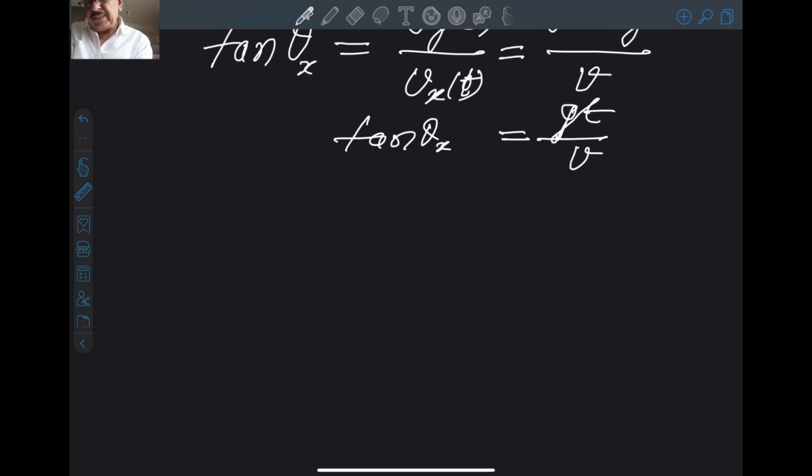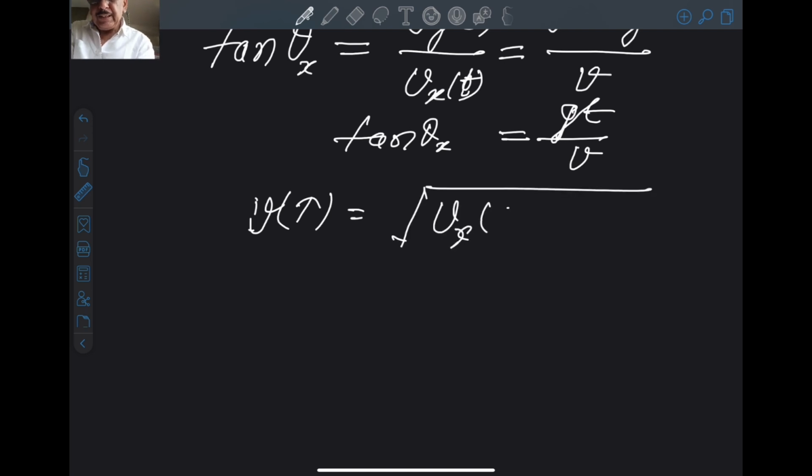One, we can treat the velocity at ground as the velocity after capital T seconds, which is root of v_x(T) whole square plus v_y(T) whole square as per vector. Sorry, this is wrong. And this is capital T. But it will also give the same answer.